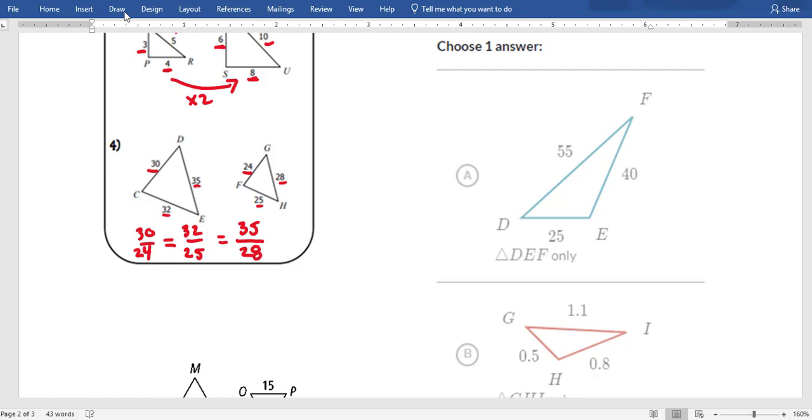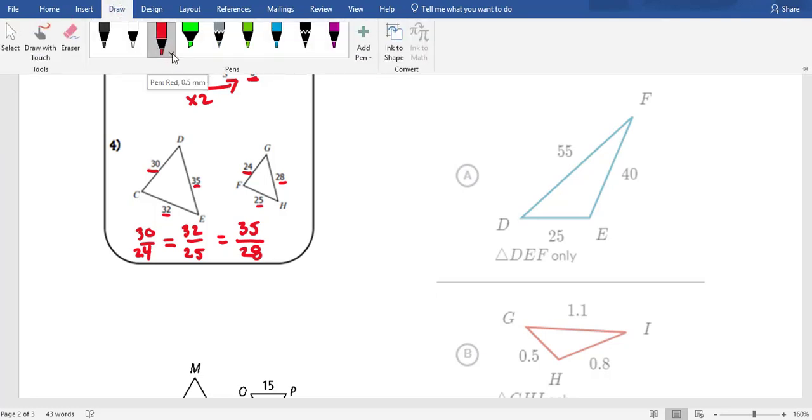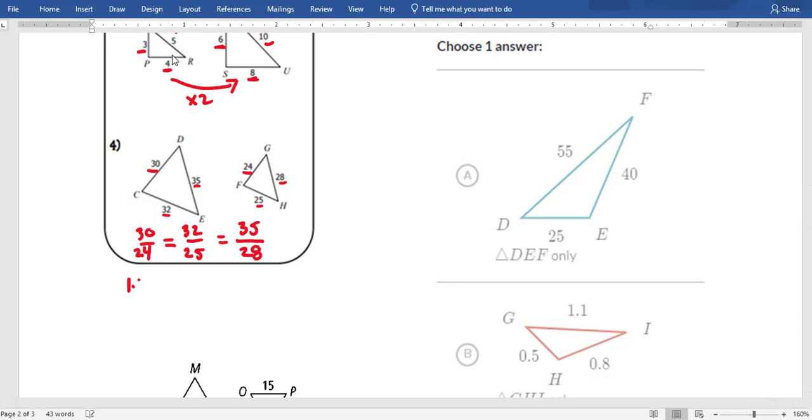And what's going to happen is I type all of those into my calculator. Let me grab my calculator real quick. And as I type all of those into my calculator, I find out that 30 divided by 24 is 1.25. And 32 divided by 25 is 1.28.